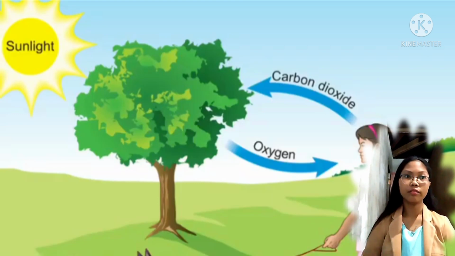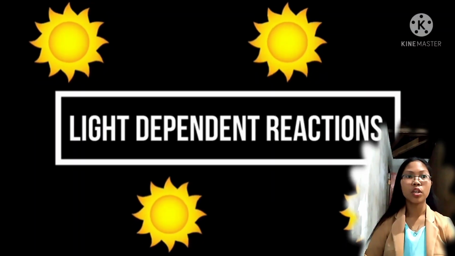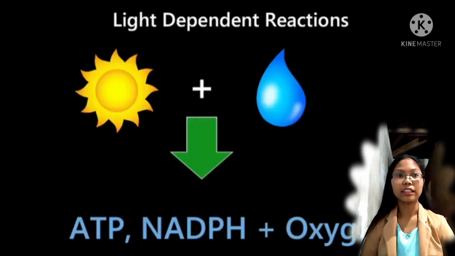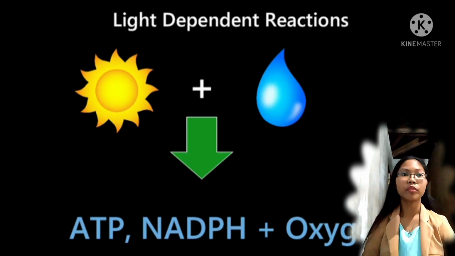The Calvin cycle, which takes place in the stroma, uses energy from these compounds to make G3P from carbon dioxide.